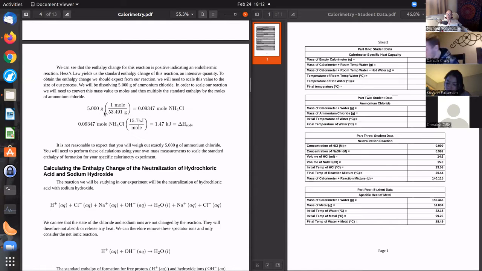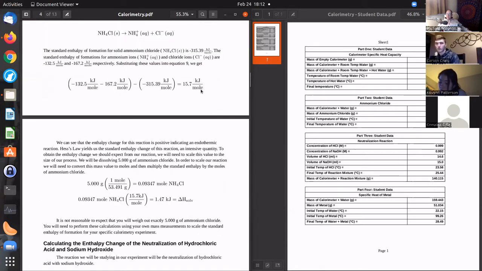And then ultimately we're dividing the mass that we had by that value, right? We can see our grams canceling. Now we know how many moles we had if we started off with exactly 5 grams. You guys don't, right? But if we had exactly 5 grams, we would know how many moles of ammonium chloride we'd had.